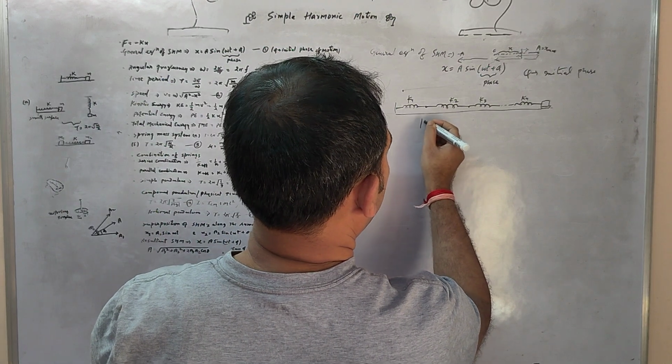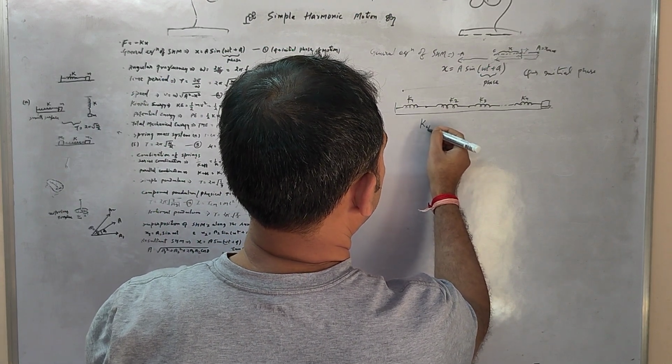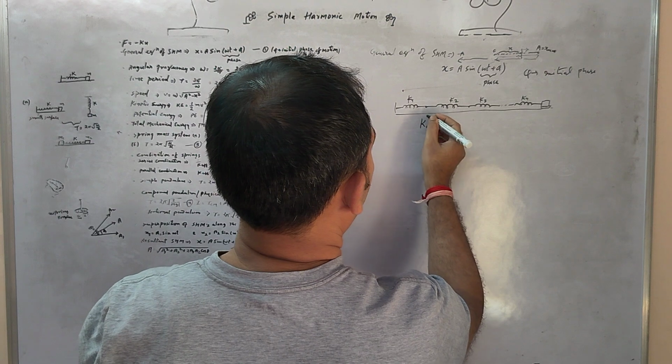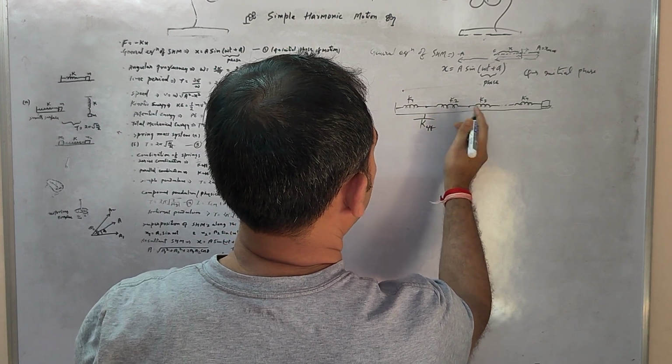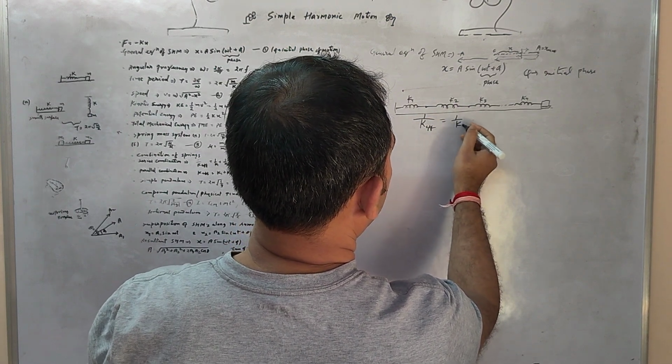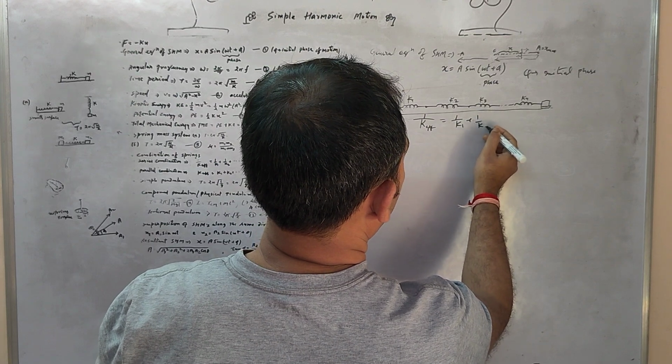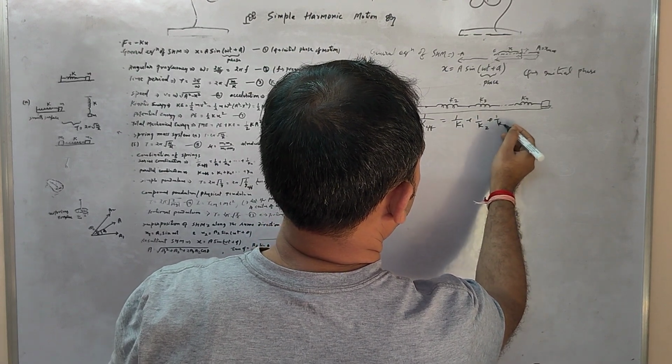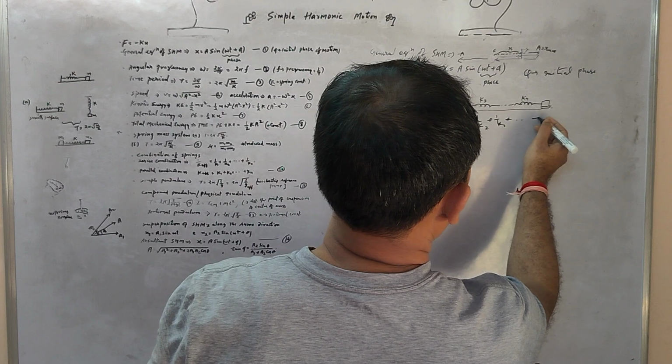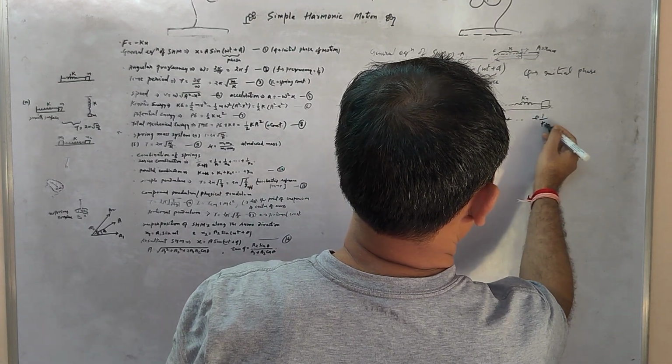So k effective will be, 1 by k effective will be equal to 1 by k1 plus 1 by k2 plus 1 by k3 plus so on, 1 by kn.